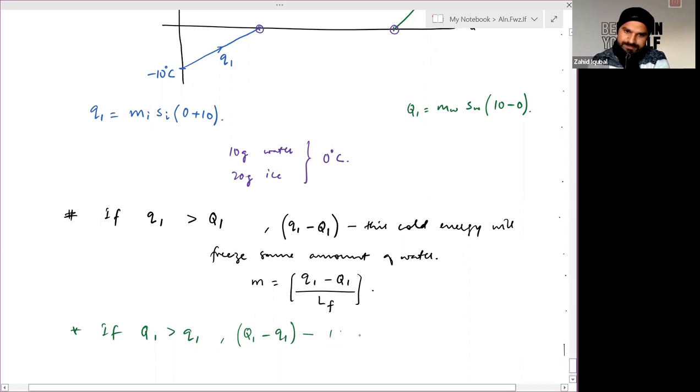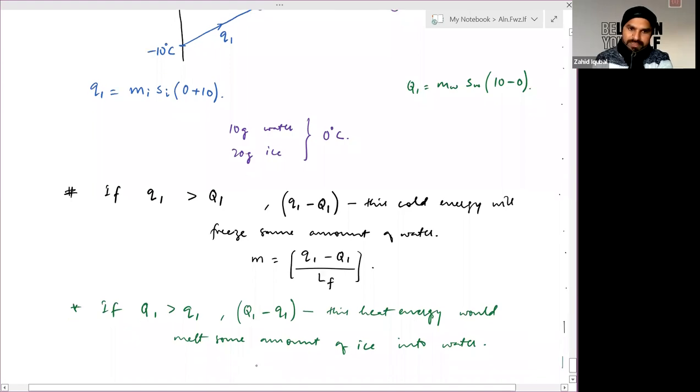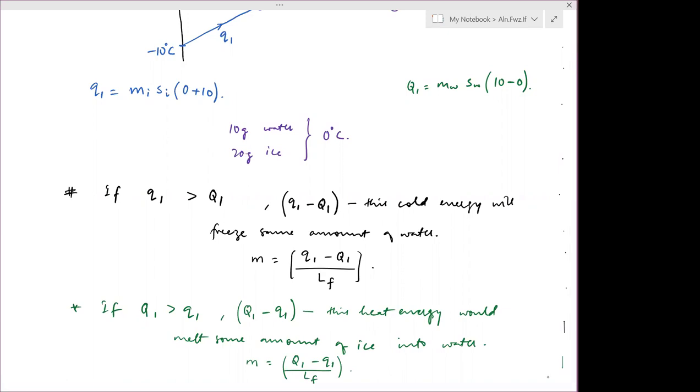So this heat energy would melt some amount of ice into water. Again, the mass of ice to be melted would be capital Q1 minus small q1 divided by latent heat of fusion. Related to this mass, the amount of water and ice in this particular mixture would change. Is it clear? Yes, sir. Okay, just write it down.